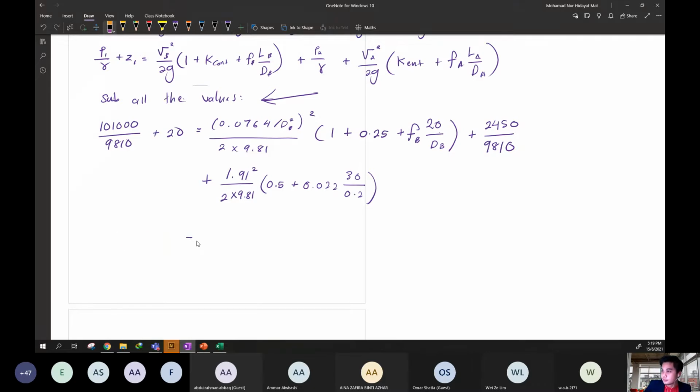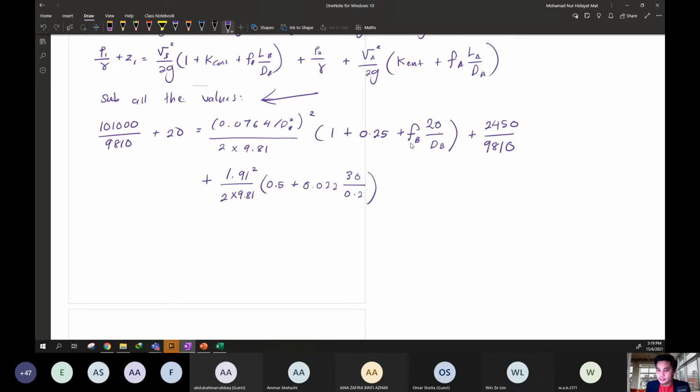This one basically you are required to solve. You can use your calculator. You know already how to use your calculator. You define DB as A, FB as B.